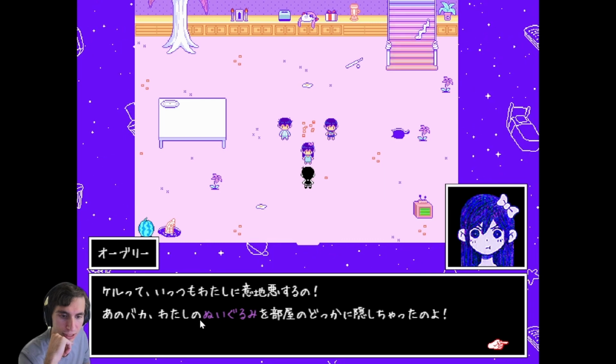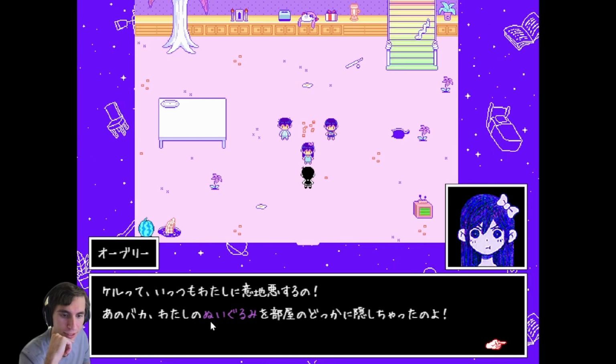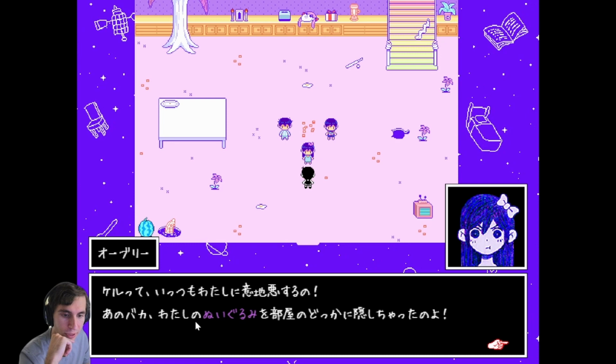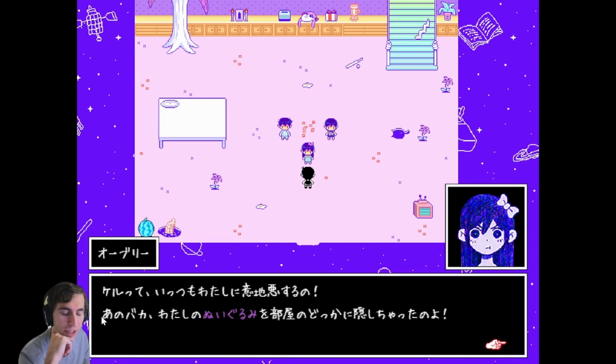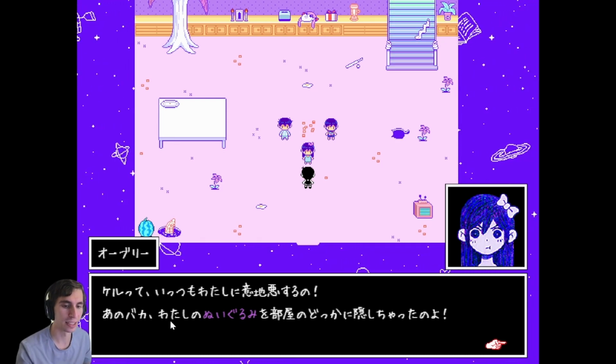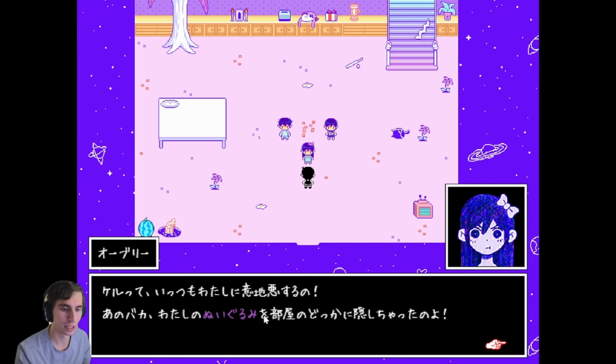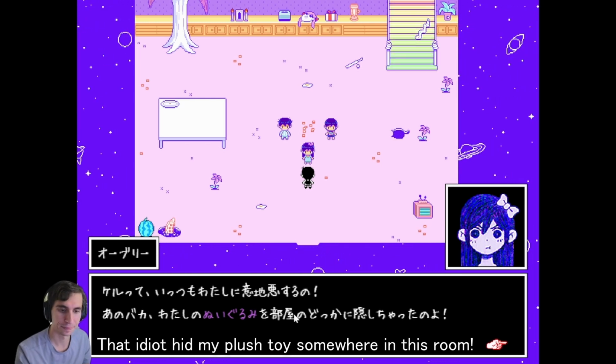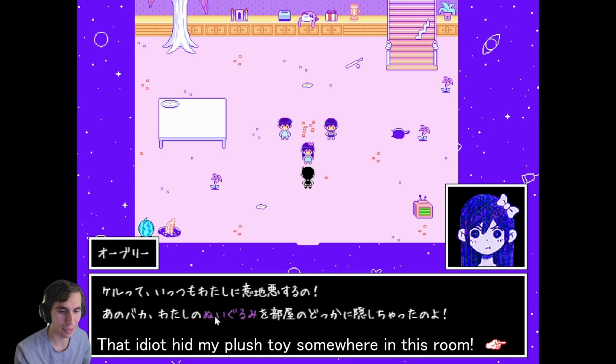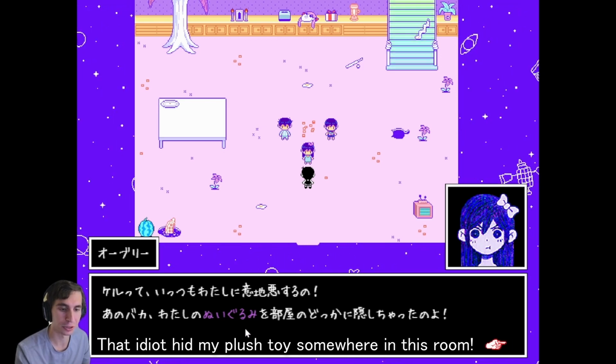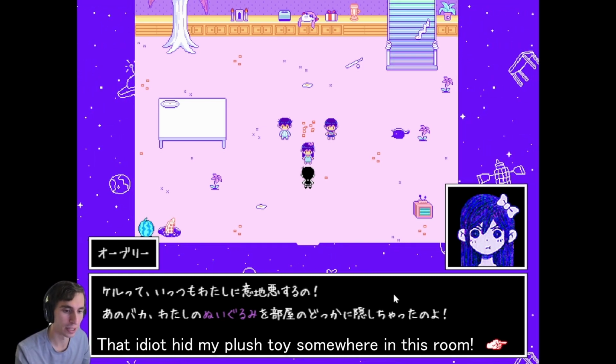And then object, my stuffed plush toy or whatever, my plush toy. So, that idiot hid my stuffed plush toy somewhere in this room. That's a long one, but you can kind of break it down if you just look at the parts, and the particles really help with that, so keep that in mind.